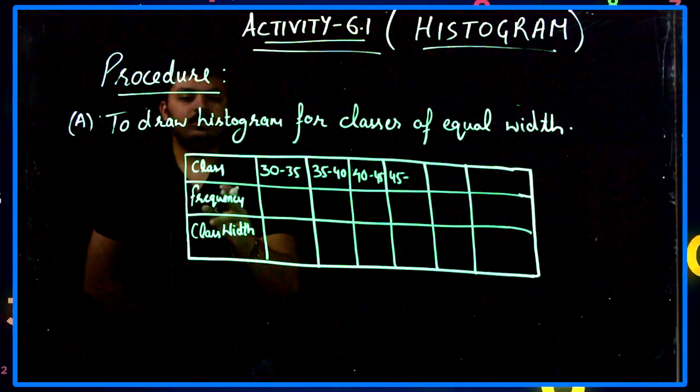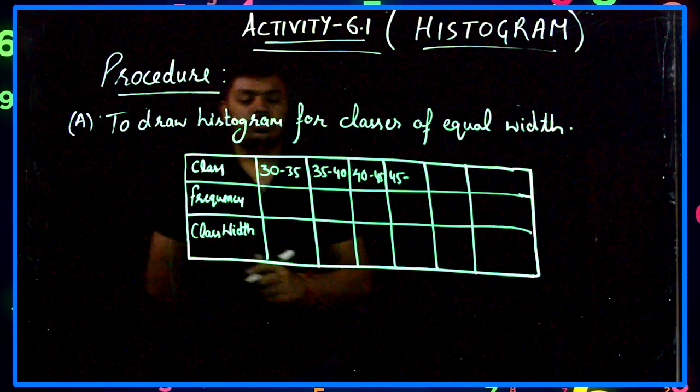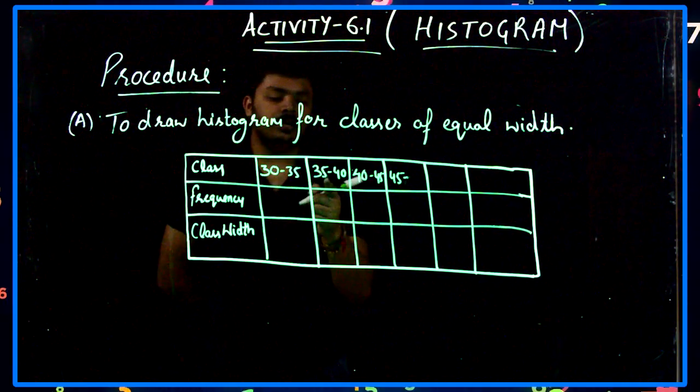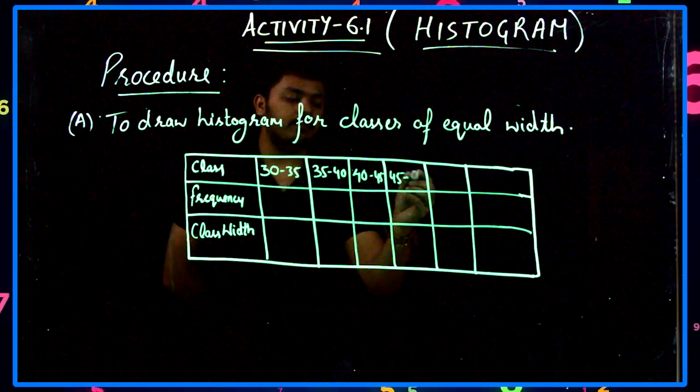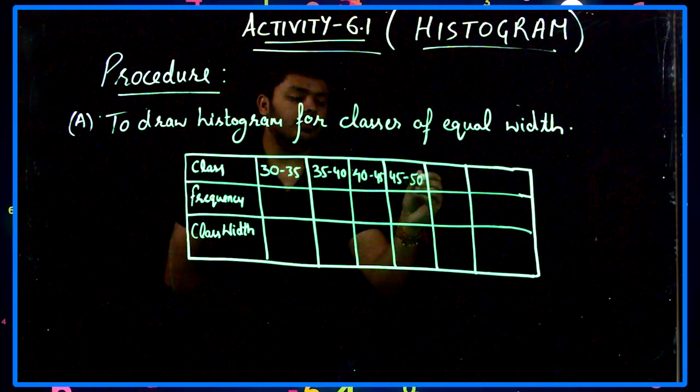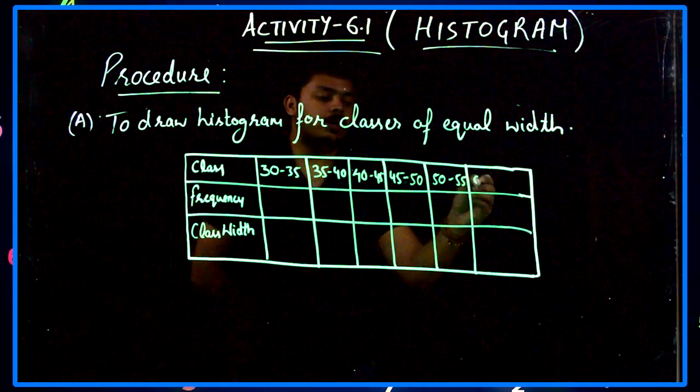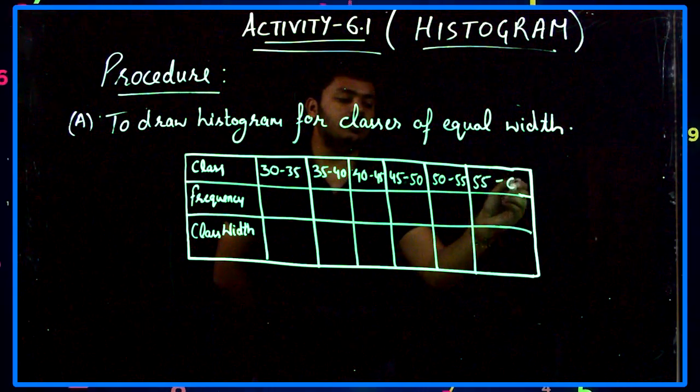The classes for the given histogram of equal width are 30 to 35, 35 to 40, 40 to 45, 45 to 50, 50 to 55 and 55 to 60.